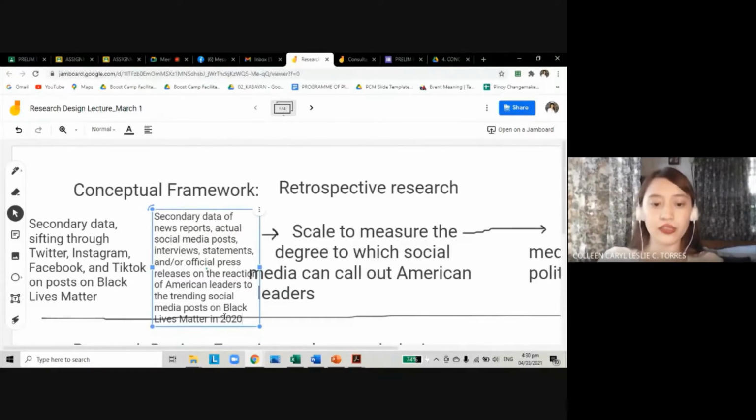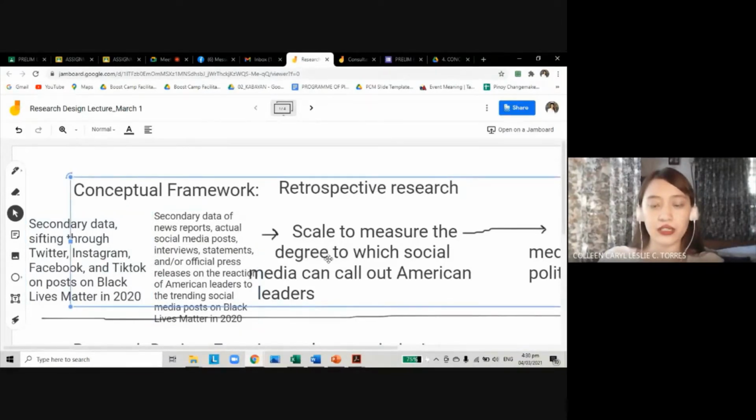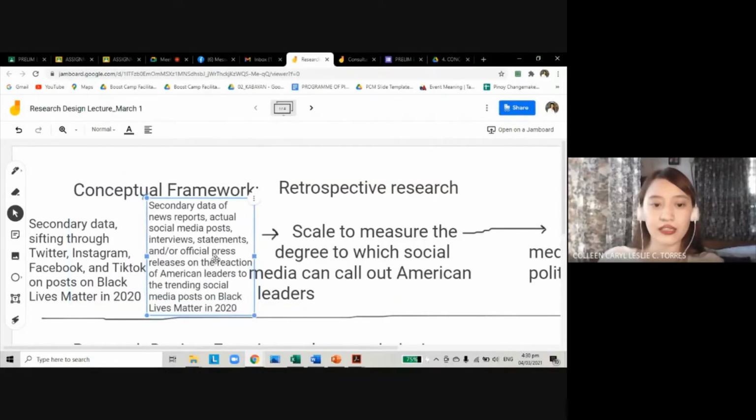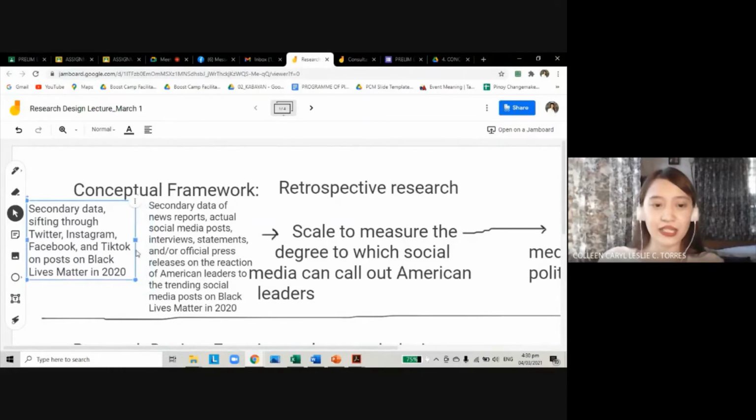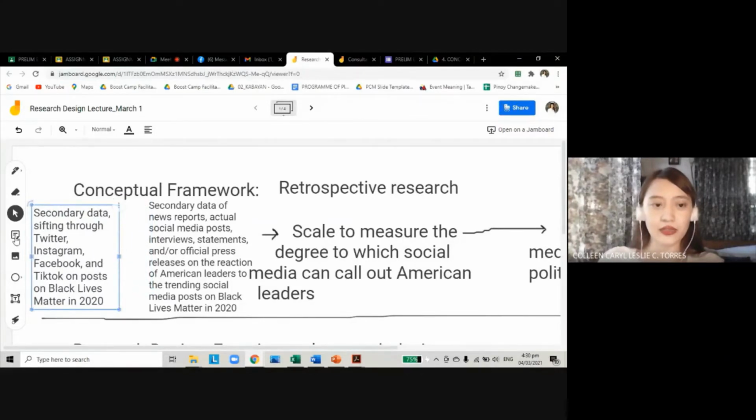In 2020. This is also specific to 2020, since this is a retrospective study. Okay. So with that, class, we'll just extend a little. All right, so that would be how the conceptual framework would roughly look.